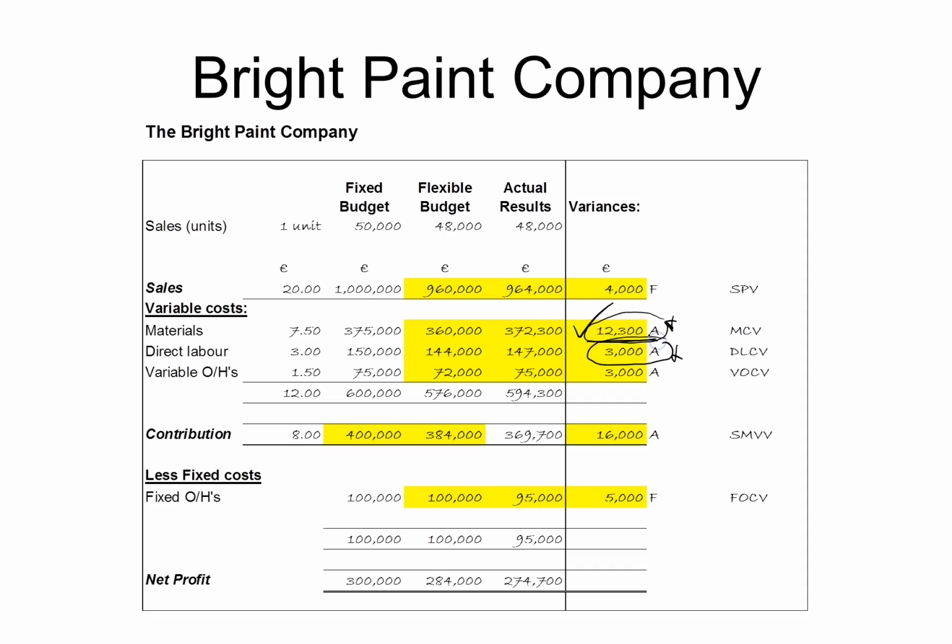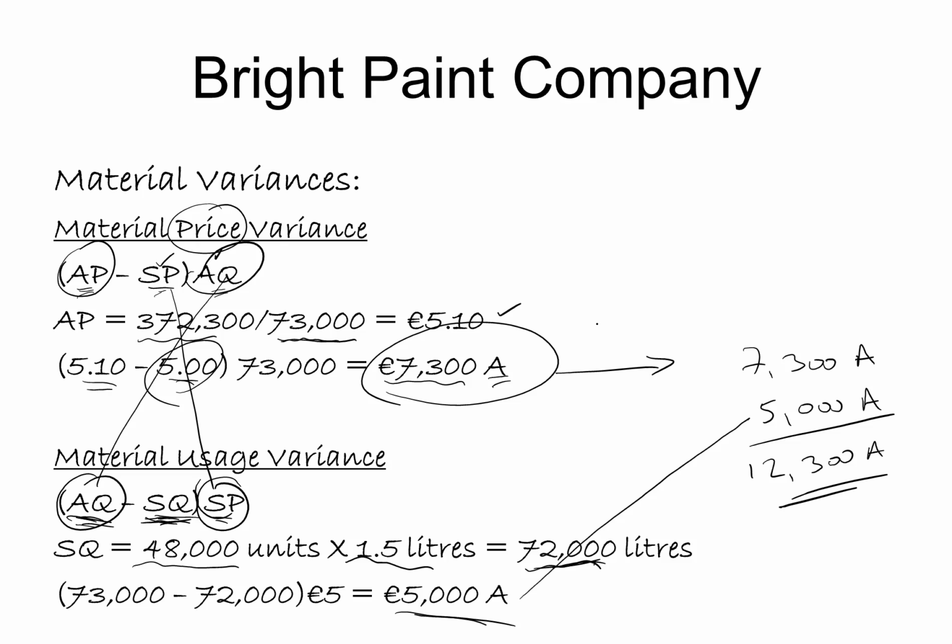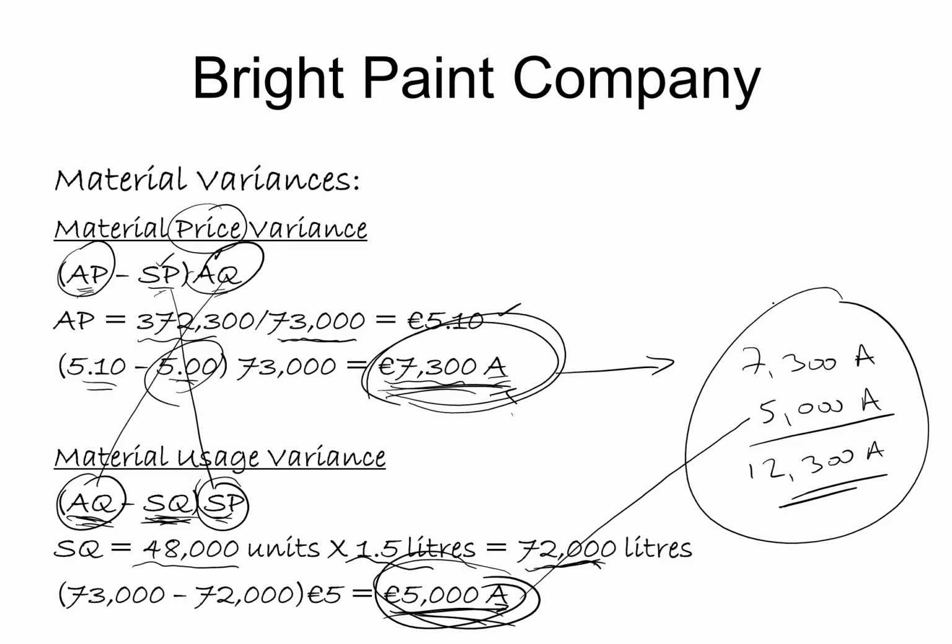So what I can now say is that 12,300 adverse material cost variance can be subdivided into a material price variance of 7,300 and a material usage variance of 5,000. Both of them being adverse. And remember, it's always the case, the sum of the two should give us the total figure.